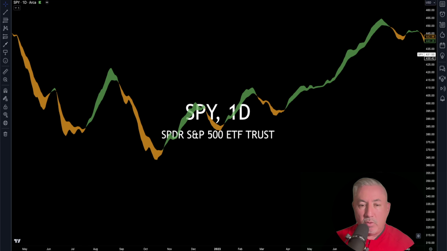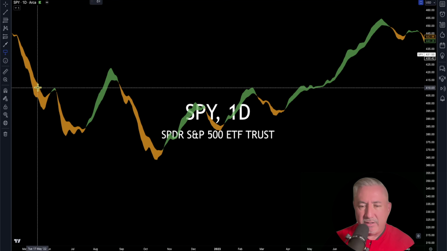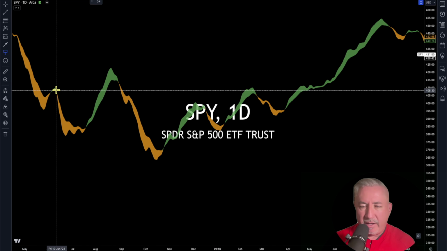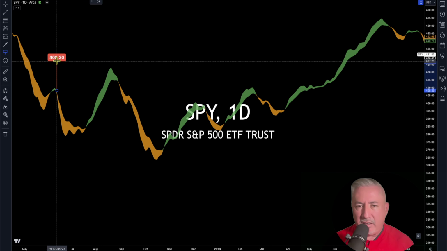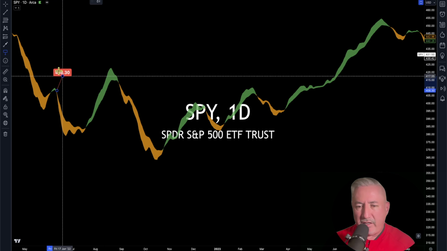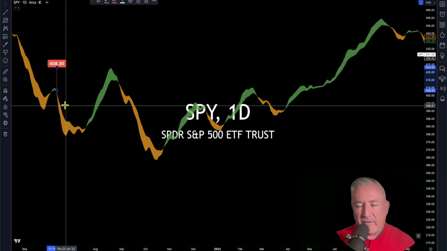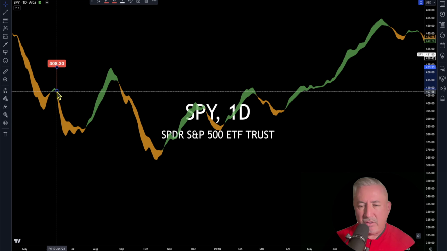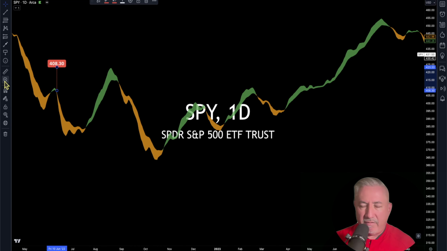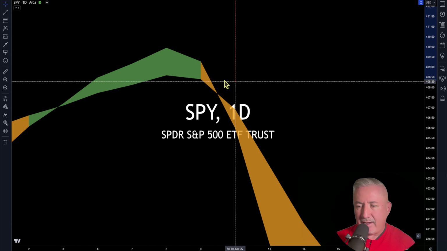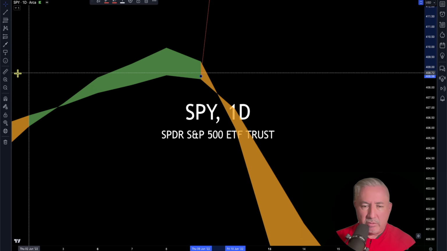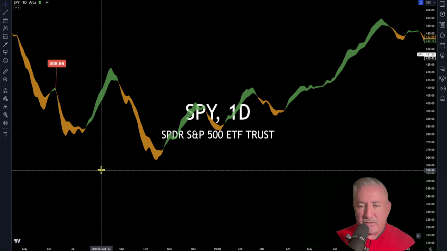What I do is I come over and use another tool from TradingView called a price note. In the price note, I just tag the entry point so that I understand where I actually entered the trade. And I do this homework every day. If I can, I do it during the trading day. If not, then I just wait till the end of the day because the clouds tell me exactly where that entry was. So that's my first price note.